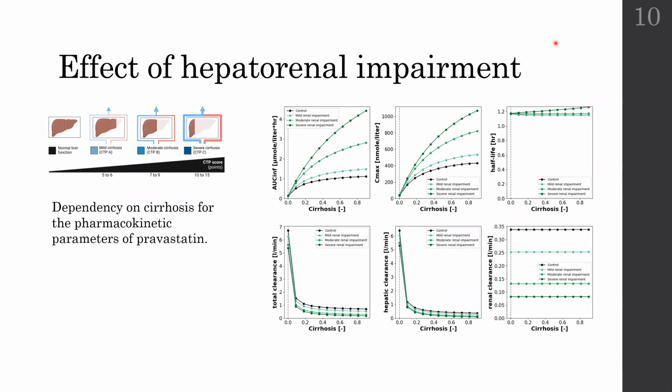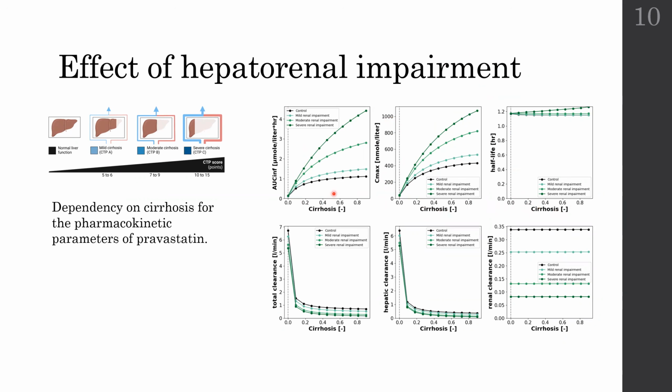An additional effect that we wanted to analyze with our model was how the individual pharmacokinetic parameters of pravastatin depended on both hepatic and renal impairment. Here we see the dependency on cirrhosis of the individual pharmacokinetic parameters of pravastatin.